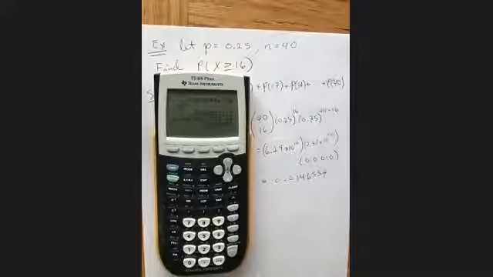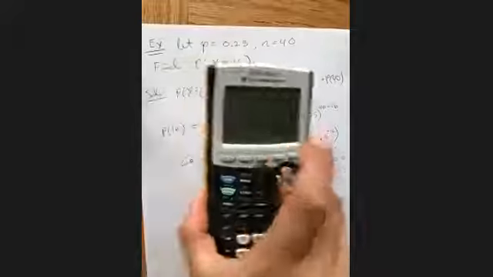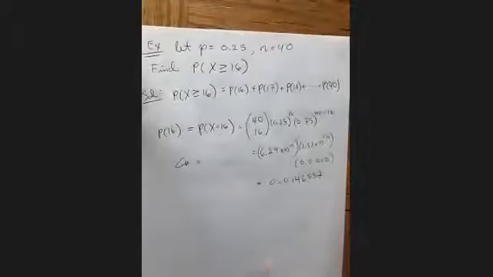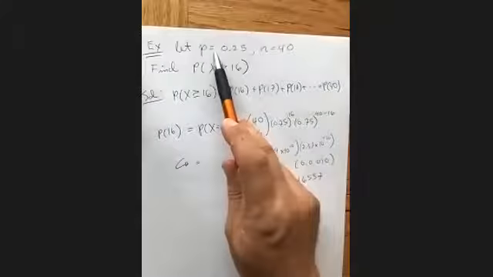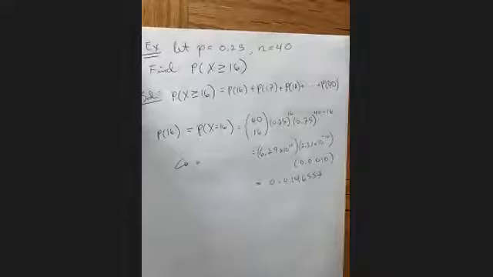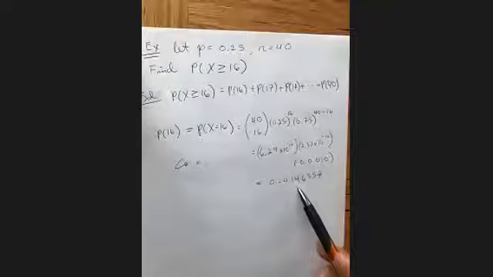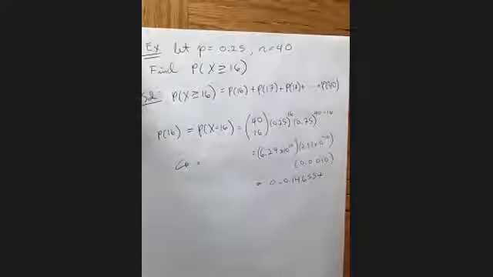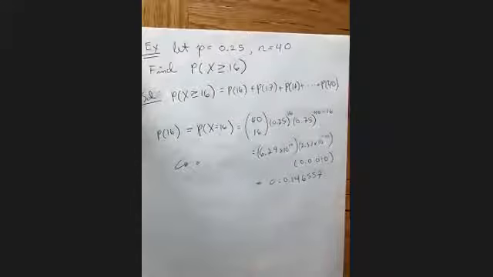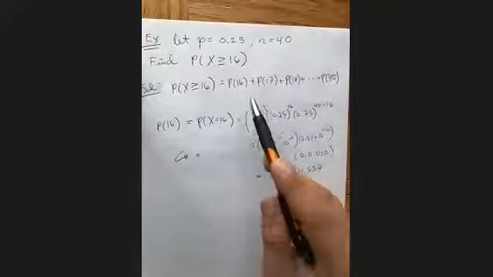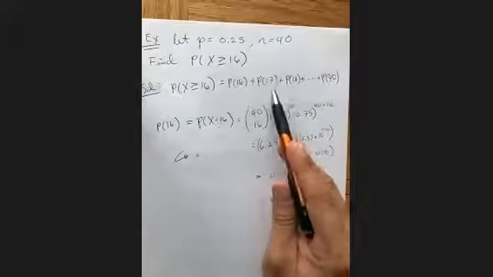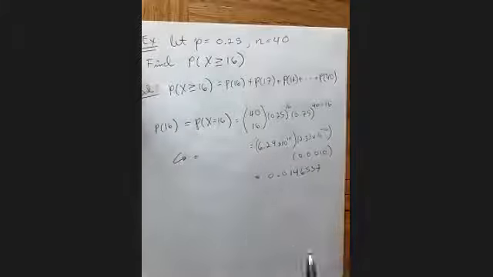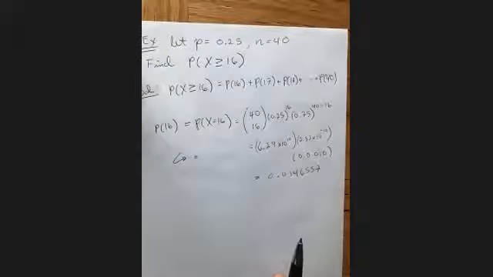So it's approximate, but this basically says that the probability of having 16 successes out of 40 trials, where the probability of success is 0.25 and the probability of failure is 0.75, is roughly 1.4% or 1.5%. Okay, so you can see that if you had to do this for all of these numbers, P16, P17, all the way up to P40, it would take you a long, long time.